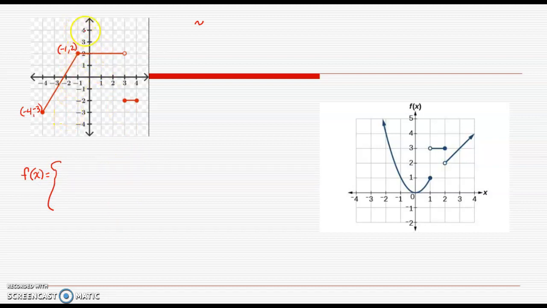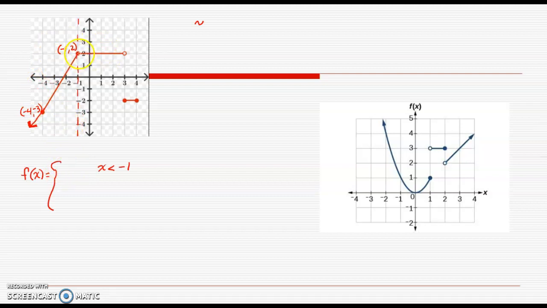What are my cutoff points? Well, your cutoff points for this one are at -1. So when x is between, let's just pretend this goes forever because they most usually do, when x is less than -1, then it's this line right here that we've got 2 points to go find the equation of in a second.